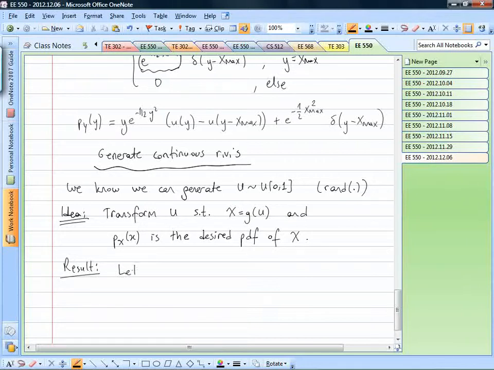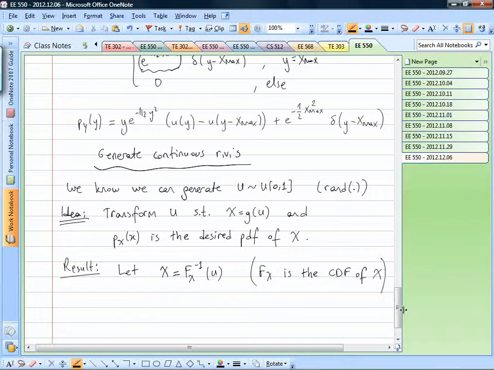If you let capital X equal f sub x inverse of u, where f sub x is the CDF of the x that you want to generate. So you know what you want to generate, you know what the PDF is going to be, you know what the CDF is going to be.